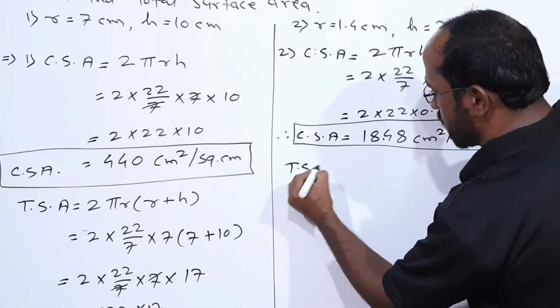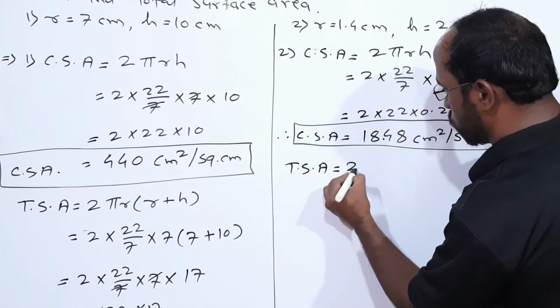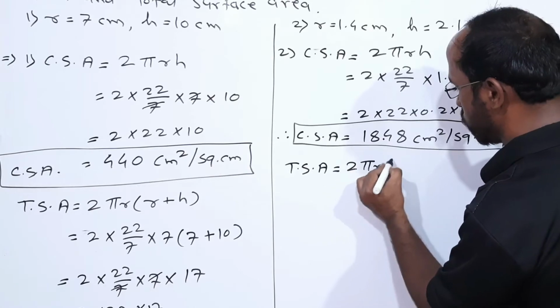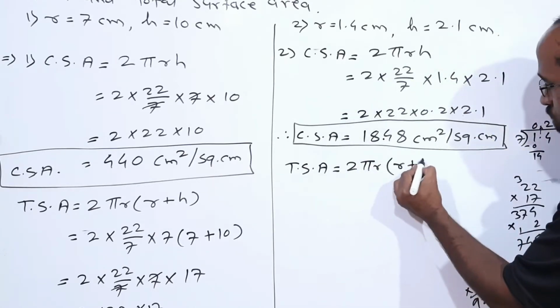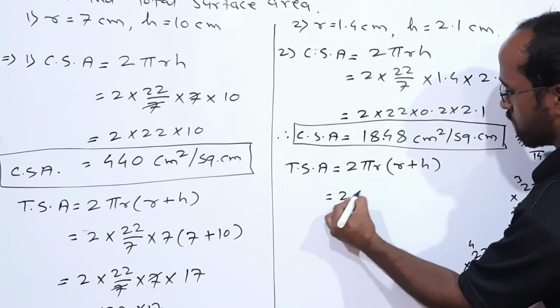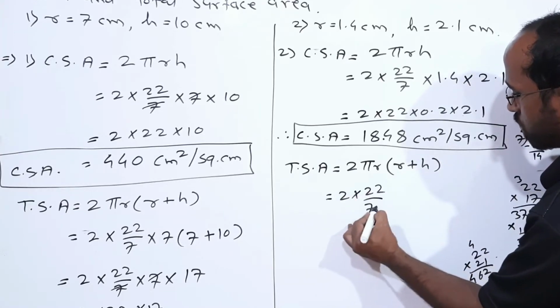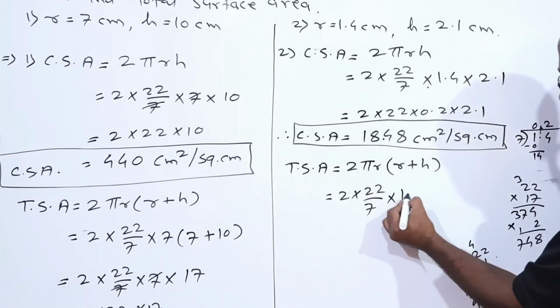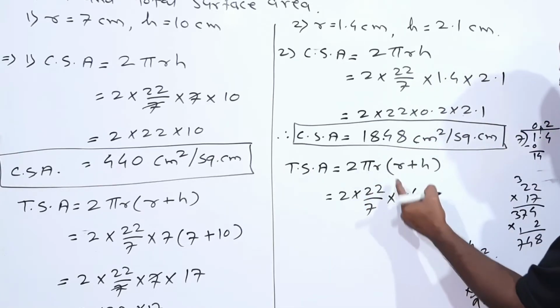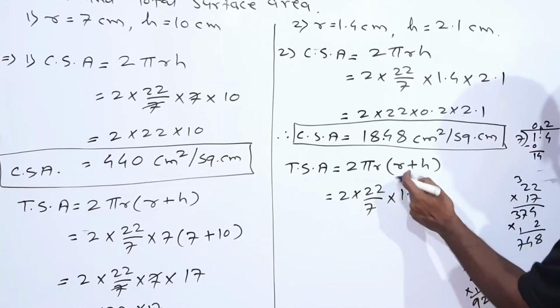Total surface area of the cylinder is equal to 2 into pi into r multiplied by the bracket r plus h. So that is equal to 2 multiplied by 22 upon 7 into r. r is what? 1.4 into the bracket r plus h.